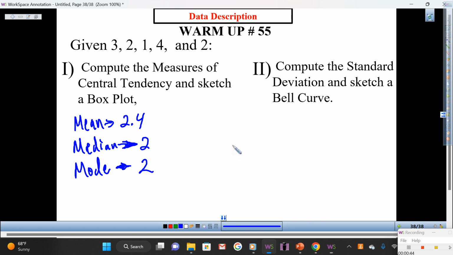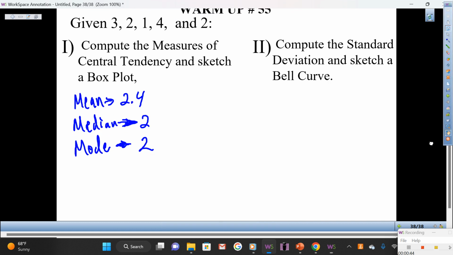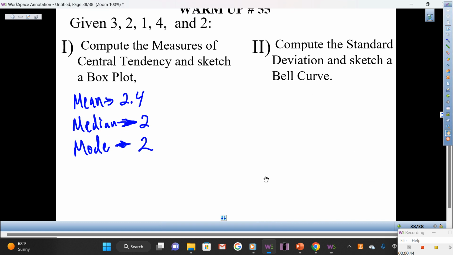All right. So now that we got that, we need a box plot. Pass someone for the box plot.